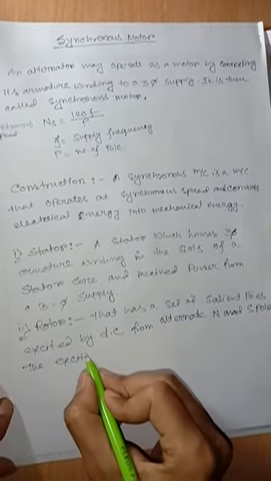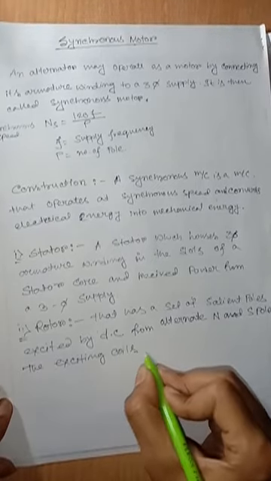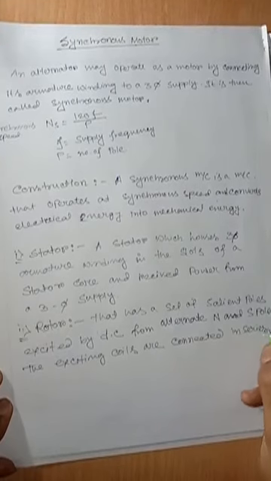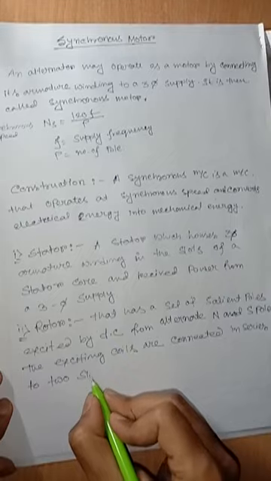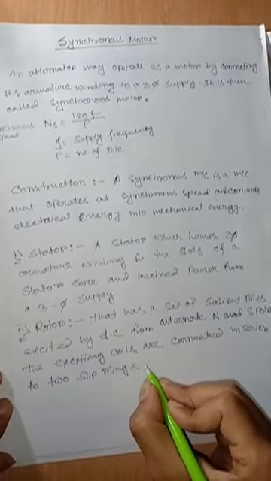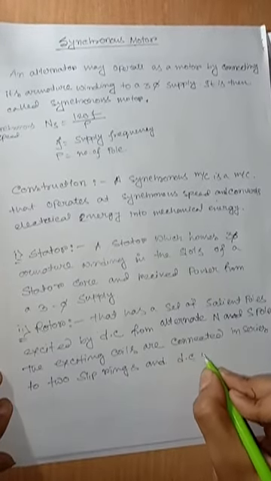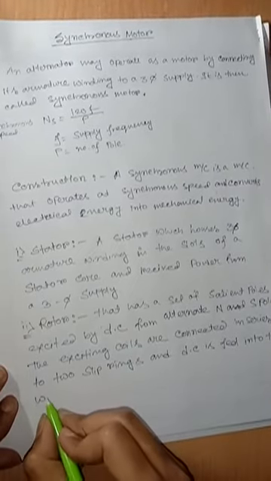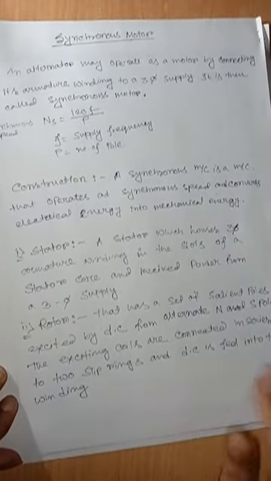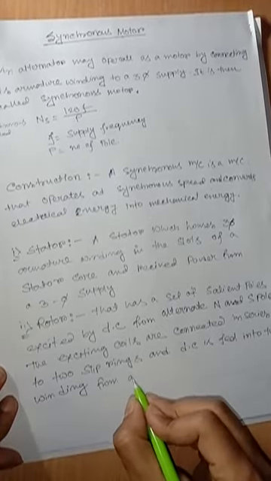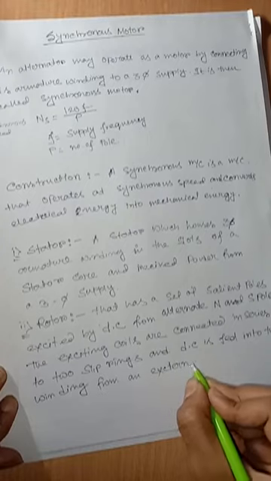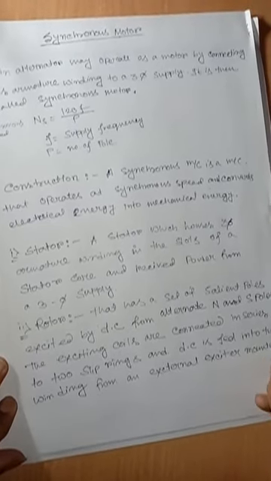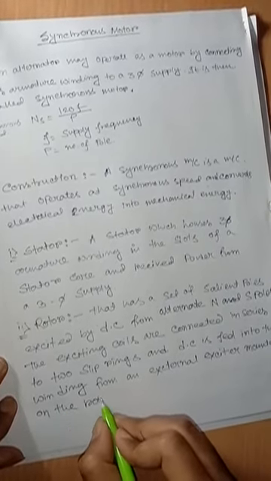The exciting coils are connected in series to two slip rings, and DC is fed into the winding from an external exciter mounted on the rotor shaft.